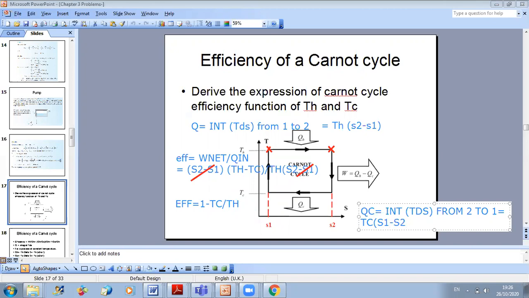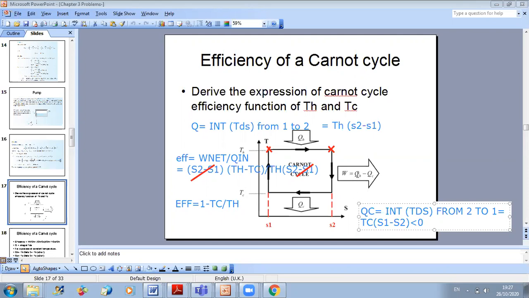And as you can see, it's a negative result. Why? Because we are losing heat. This is why they considered that the arrow is outside. So when you put the arrow outside, then you can put near to it a positive value because you already know that it's going out. And for the work, you put QH minus QC. Okay? But if you calculate it as an algebraic value, it will be negative.